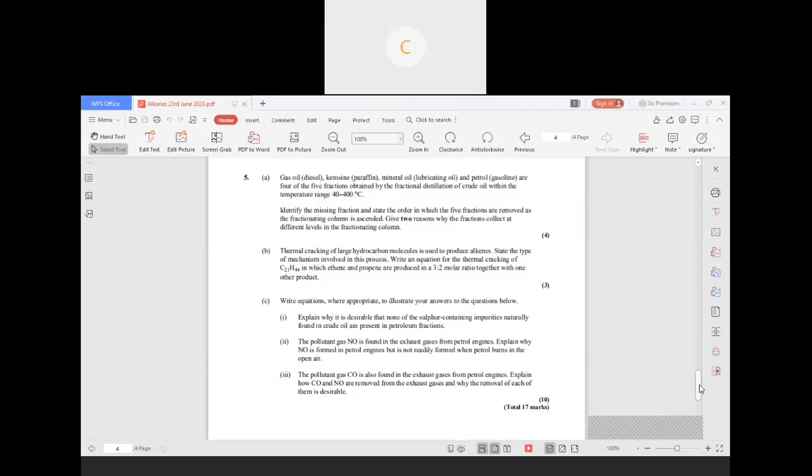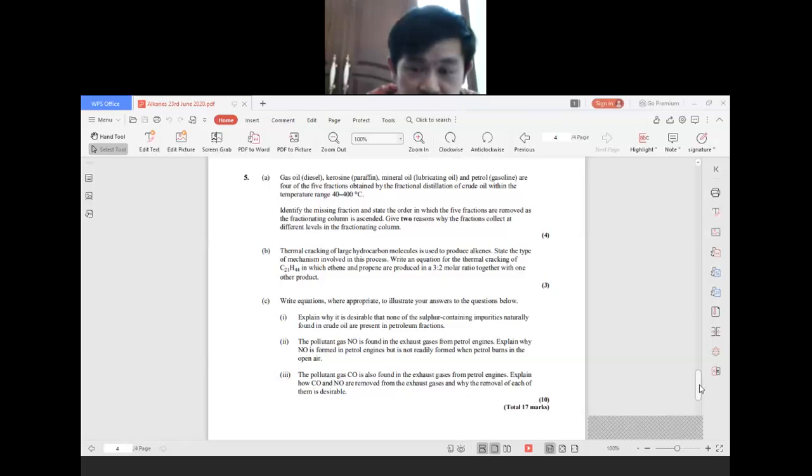Okay, next, B. The thermal cracking of large hydrocarbon molecules is used to produce alkenes. State the type of mechanism involved in the process. Write an equation for the cracking of C21H44 in which ethene and propene are produced in a 3 to 2 molar ratio.